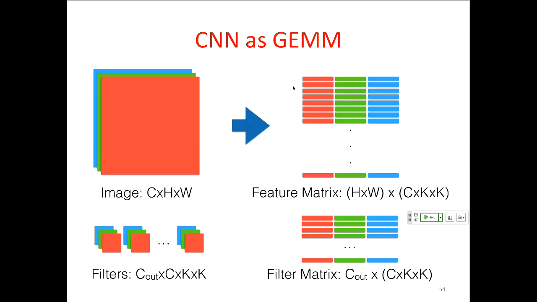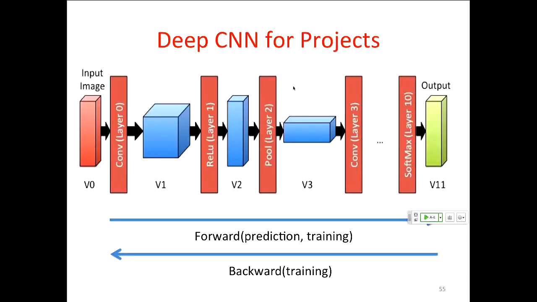Actually, in project 4, we do this kind of thing so that it can just be viewed as matrix multiply.